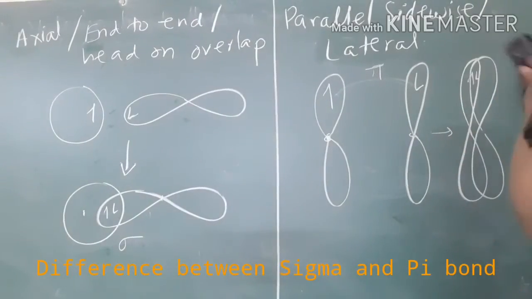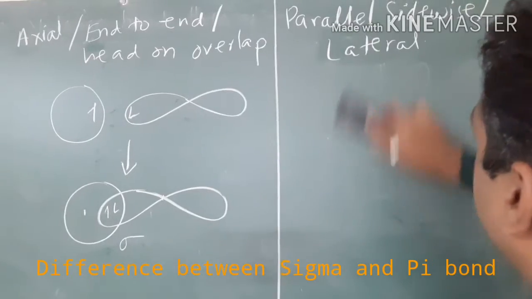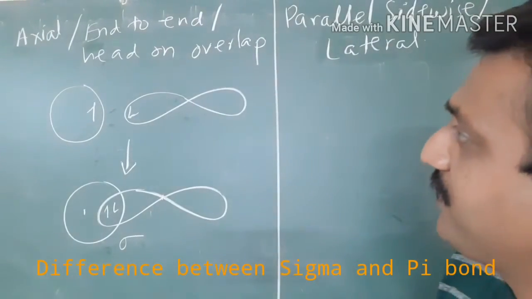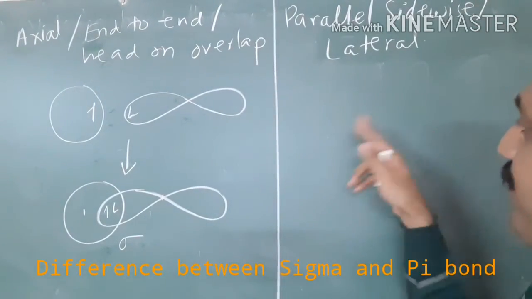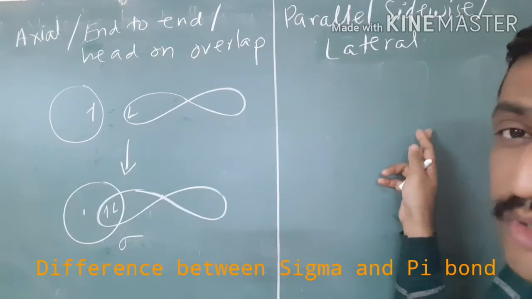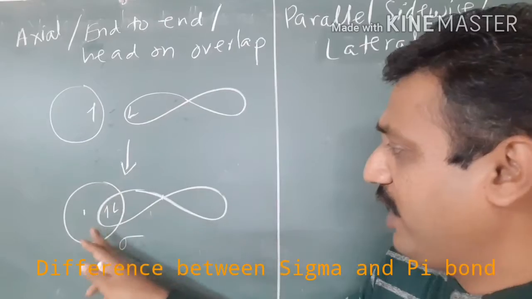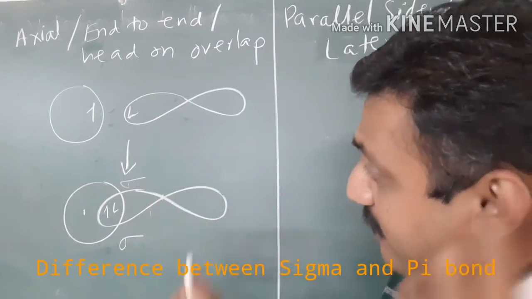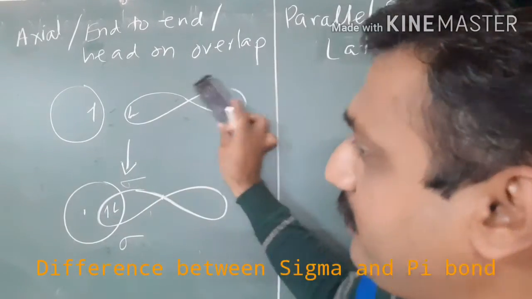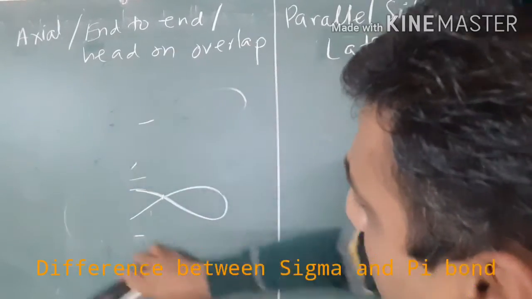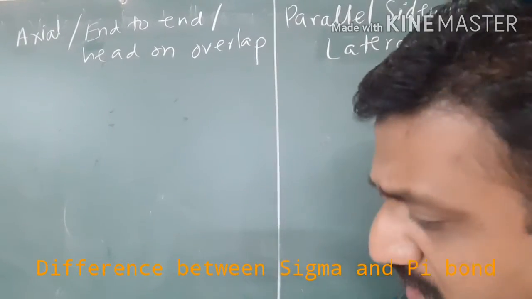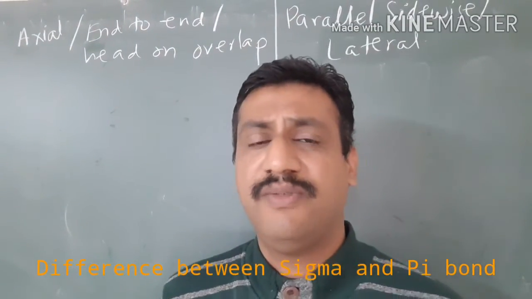Now students, the next thing is the type of bond. This type of overlapping results in the formation of a pi bond, while axial, end to end or head on overlapping results in the formation of a sigma bond. Then the points of differentiation between the sigma bond and pi bond we need to know.